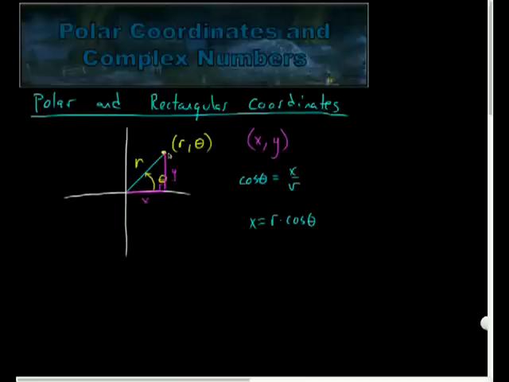Similarly, y from theta's perspective is the opposite leg, and comparing that to r, my hypotenuse, that would be the sine function. So in SOHCAHTOA, sine of theta is going to equal y over r, and with a little bit of work, I will get y equals r times sine of theta. And we've seen, I think, these relationships before.